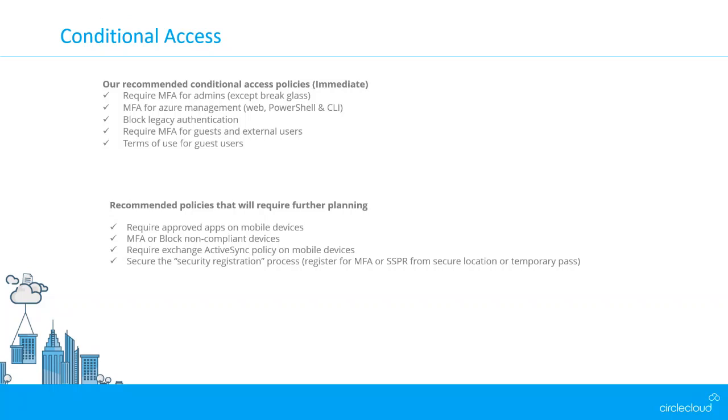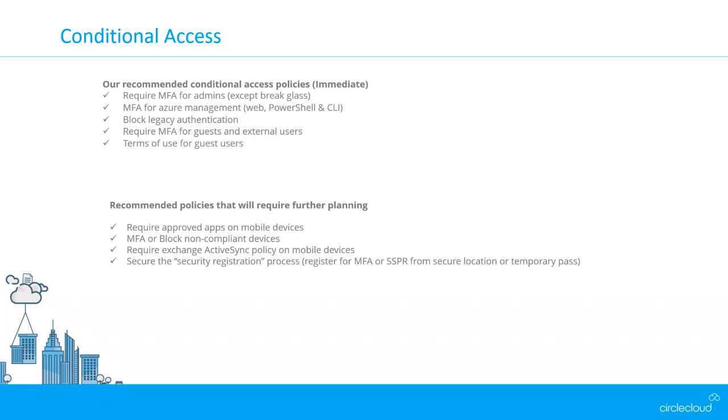Third is to block legacy authentication. Legacy authentication is allowed in tenants by default, and blocking it will hugely improve your security posture straight away. From Microsoft's research on this, I think 97% of breaches that happen are via legacy authentication protocols.